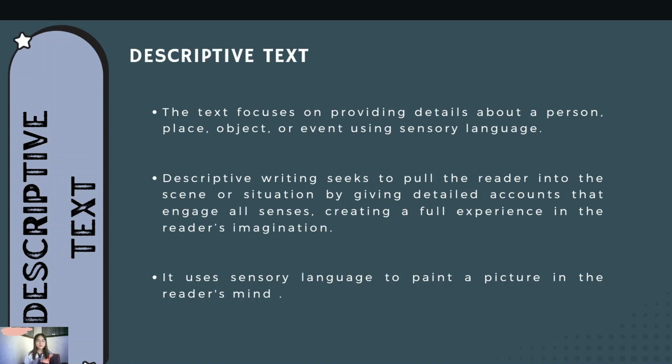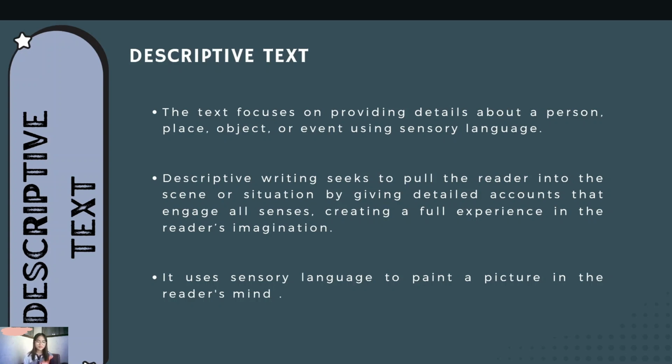The second type of text that I have here is the descriptive text. Descriptive text focuses on providing details about a person, place, object, or event using sensory language. It aims to immerse the reader in a scene or situation by providing vivid details that appeal to all the senses.